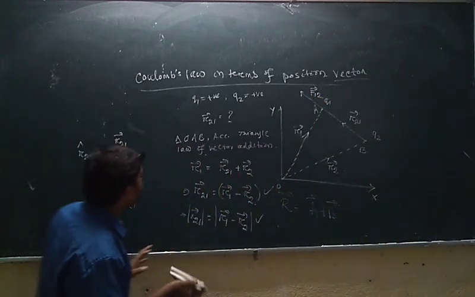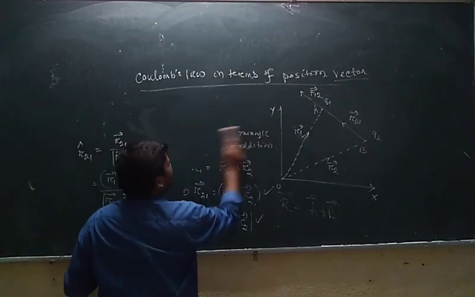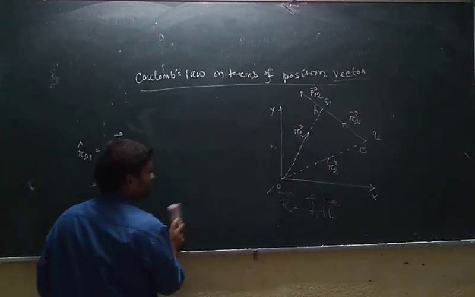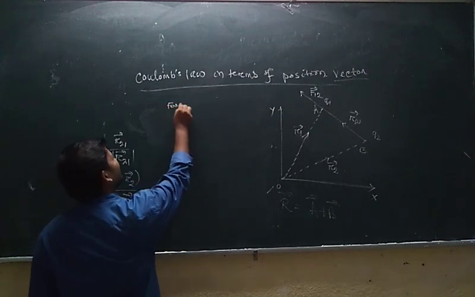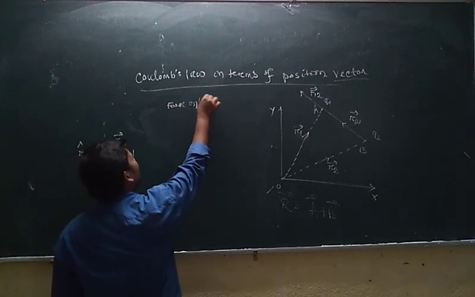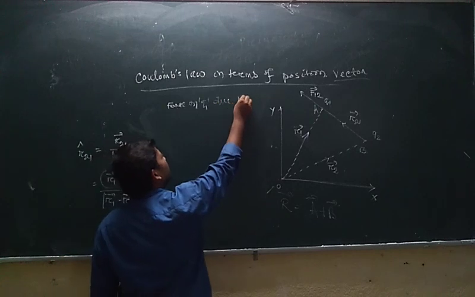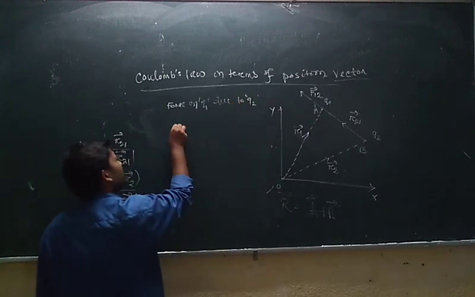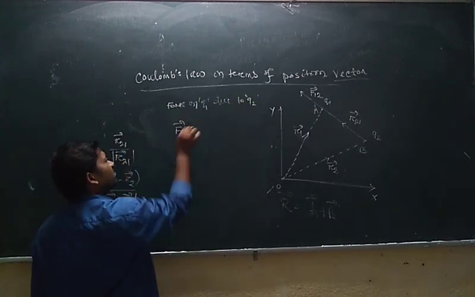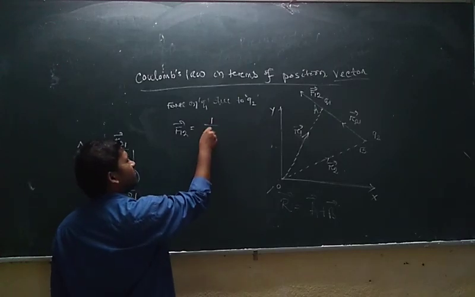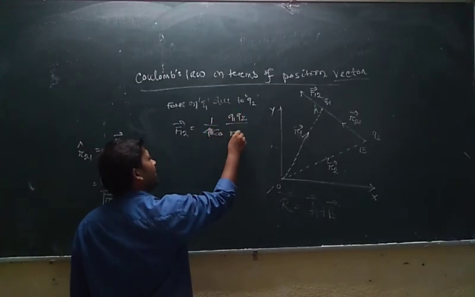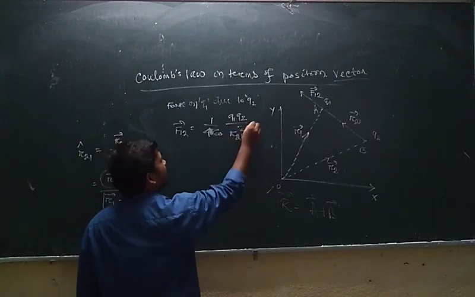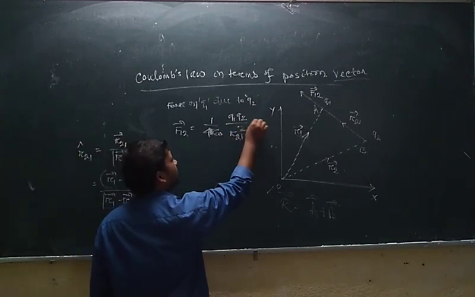Now, force on Q1 due to Q2: the F12 vector equals 1 by 4 pi epsilon naught, Q1 Q2 divided by R21 square, times R21 cap.